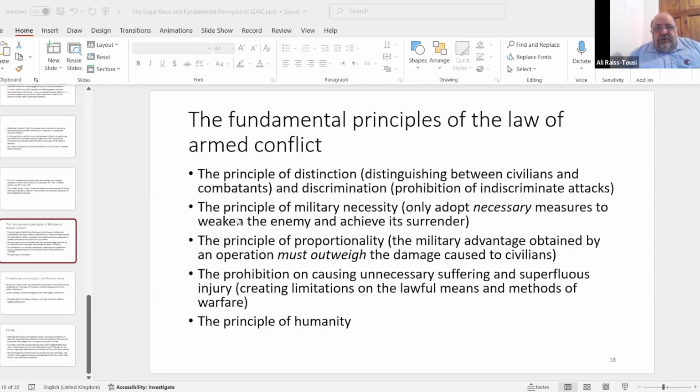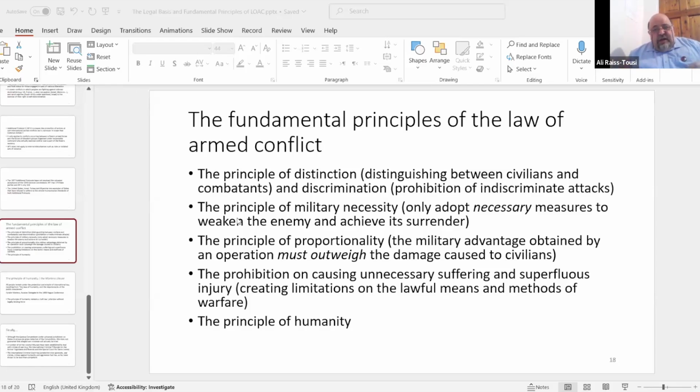The principle of proportionality says if your operation, if your attack is going to have collateral damage, you must be able to ensure before the attack that the military advantages that you gain outweigh damage to civilians. You cannot justify 100 civilian deaths in order to kill one soldier.